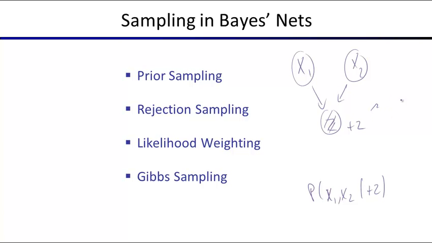Maybe the table here is 1 if minus x1 minus x2, 0 otherwise, for the distribution for z. Now if you start sampling, your first sample comes around, maybe x1 and x2: plus x1 has a probability of 0.9, minus x1 probability of 0.1. Same here, plus x2 0.9, and minus x2 0.1.